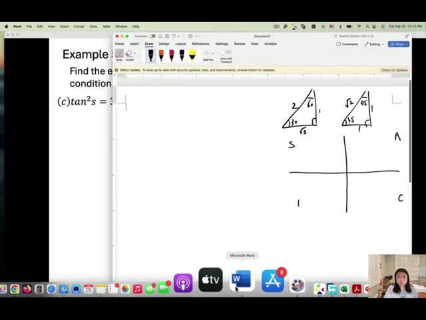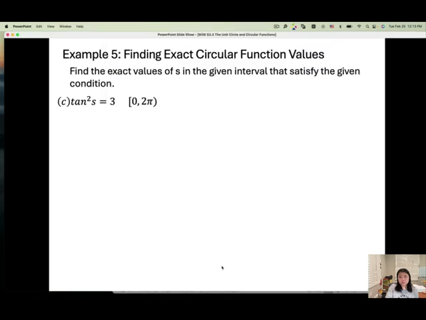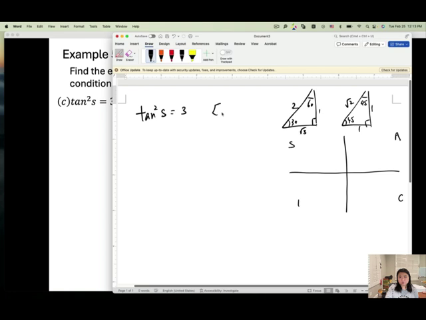Okay, we have tangent squared S equal to 3. And that would be from 0 to 2 pi again. We're going to take the square root of both sides. So we have plus minus square root 3.